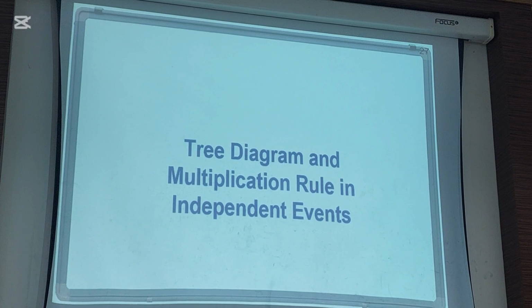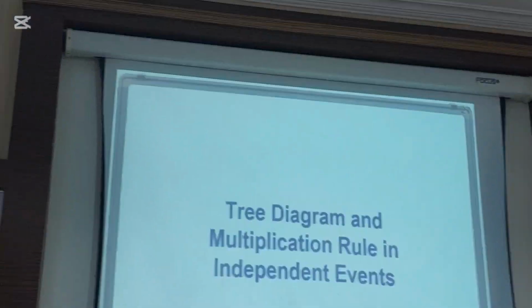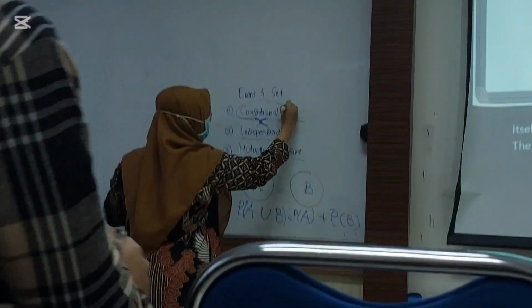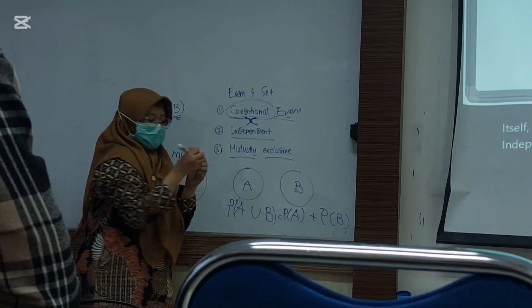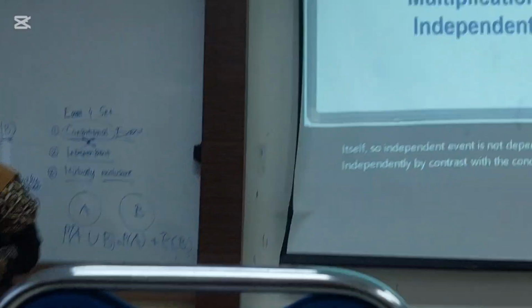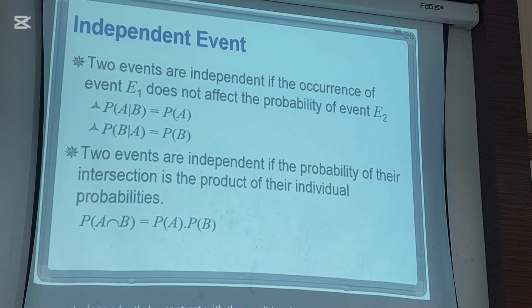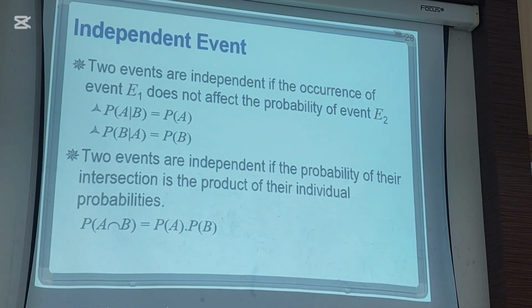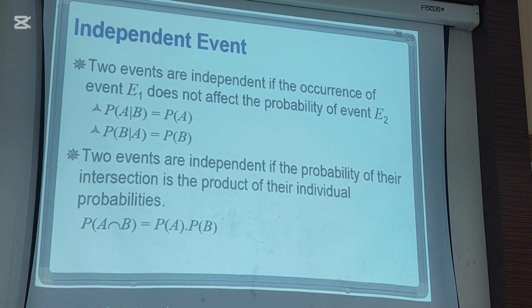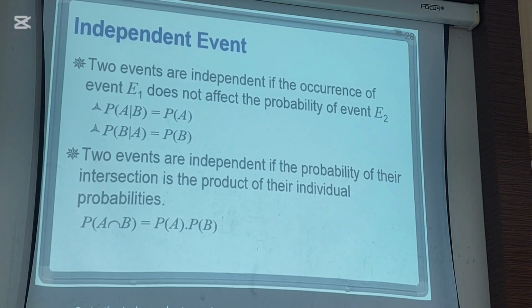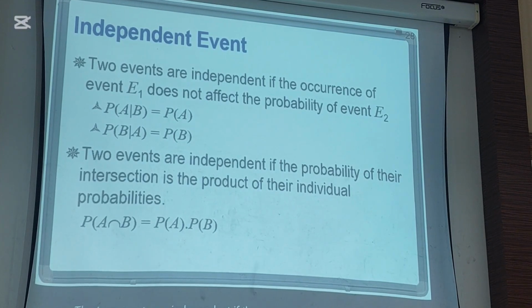The independent event contrasts with the conditional event. So in the independent event, two events are independent if the occurrence of the event E1 does not affect the probability of event E2.